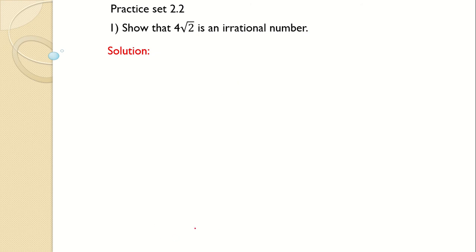So your last statement here should be: hence, we prove that 4 root 2 is an irrational number. Okay. So we assume its opposite, that let 4 root 2 is not an irrational number.